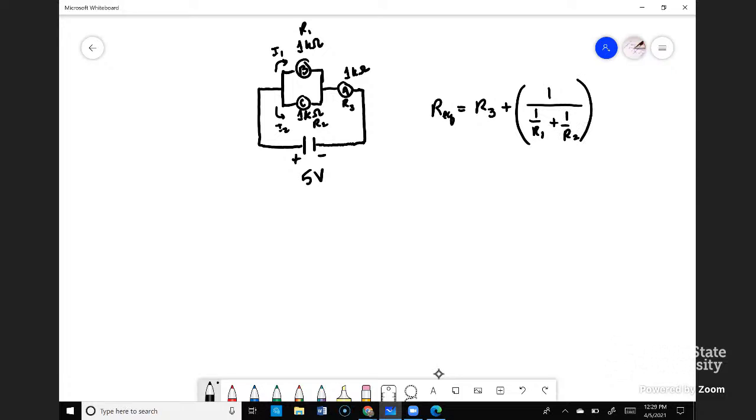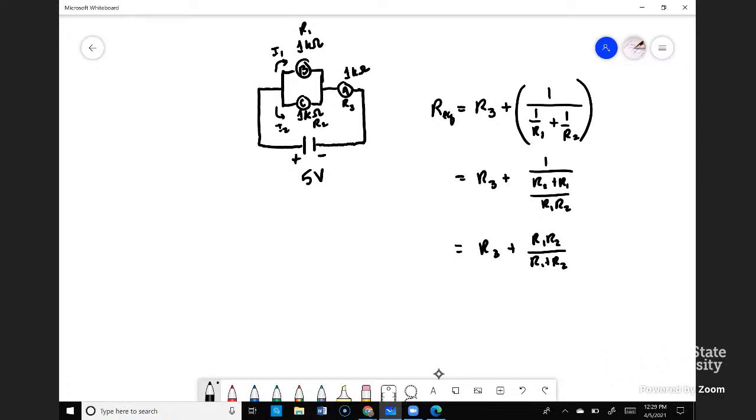Okay? And so this becomes R3 plus the reciprocal of R2 plus R1 over R1 times R2, or in other words, R3 plus R1 R2 over the sum R1 plus R2.